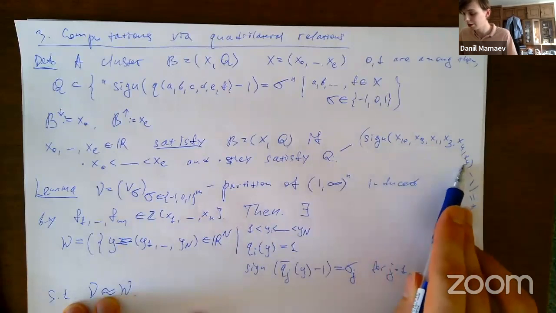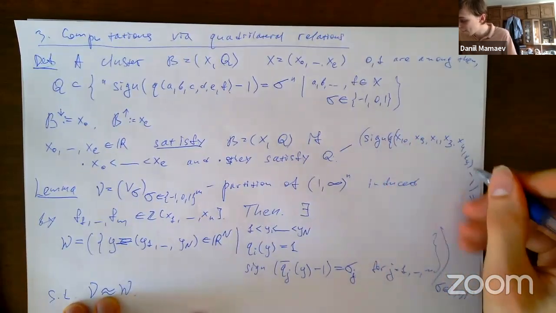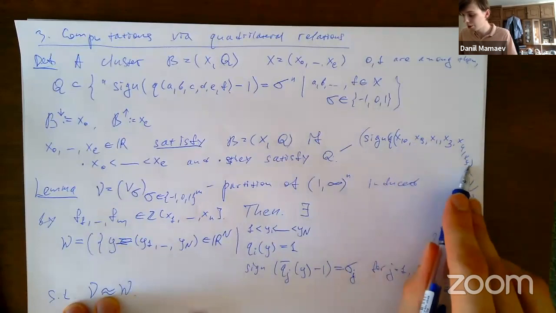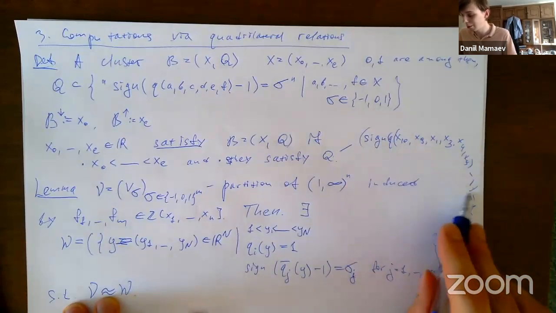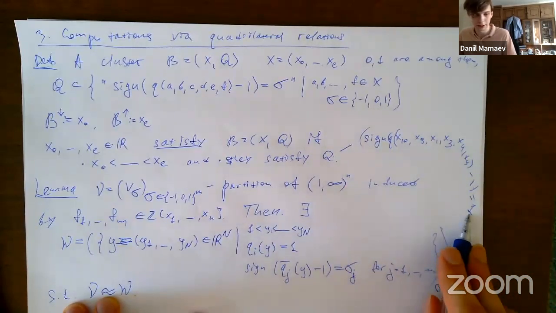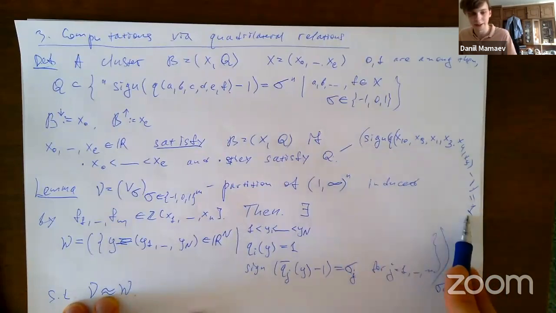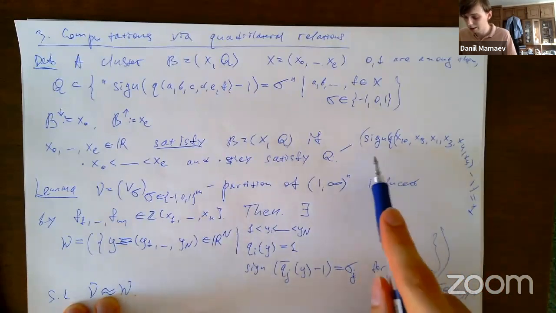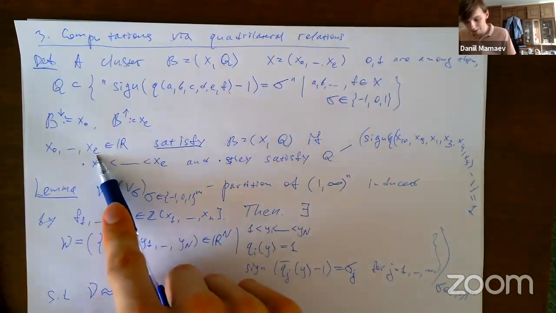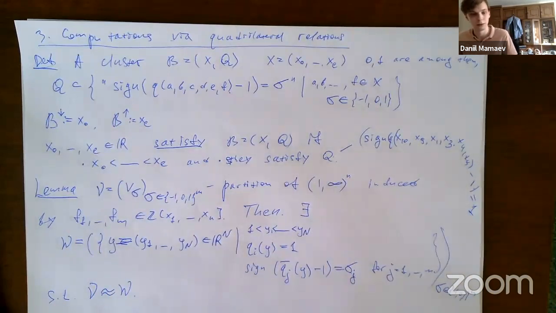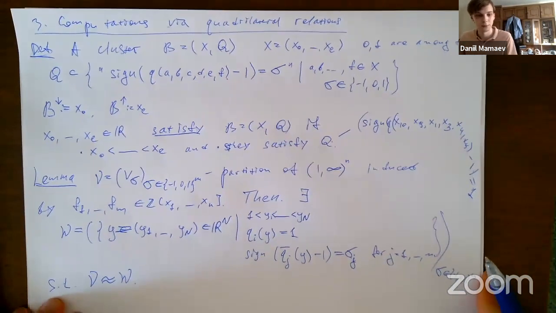You substitute here, you compute Q, you subtract 1, you compute the sign, and then you check if the sign is as it is prescribed. And Q is just a collection of these relations. For every such relation, you check it. If all these relations are satisfied, it means that these tuples satisfy Q. Okay?